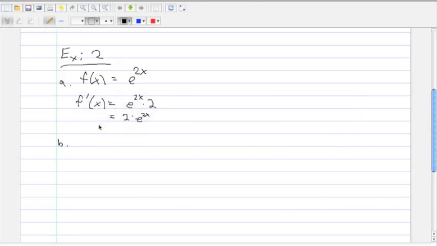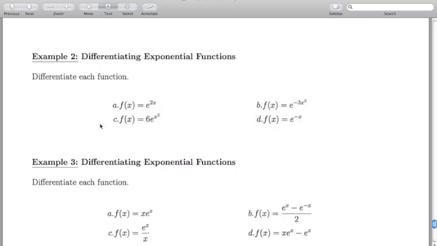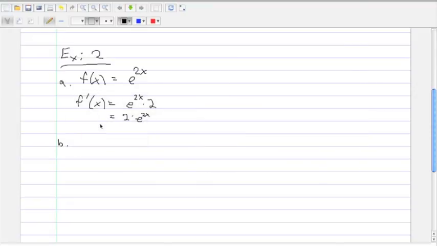Part B. F of x is e to the minus 3x squared.